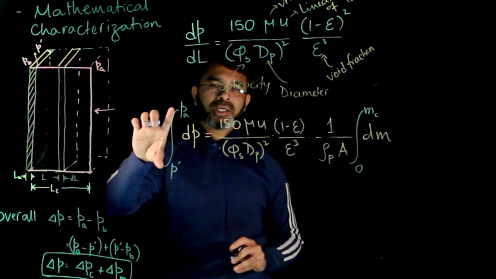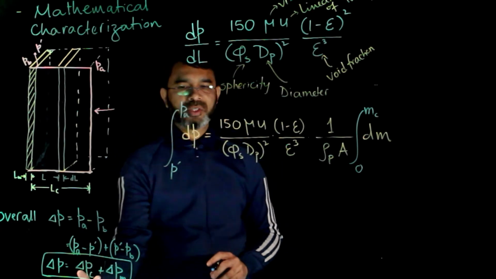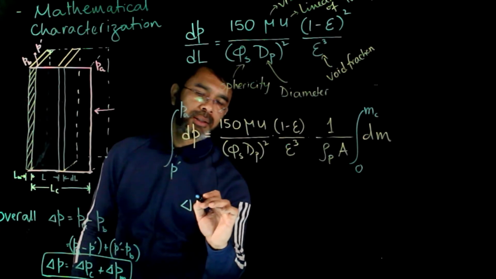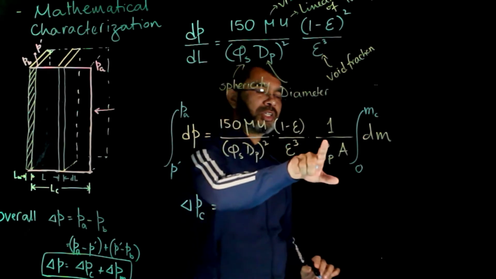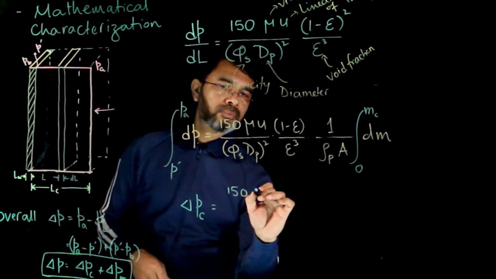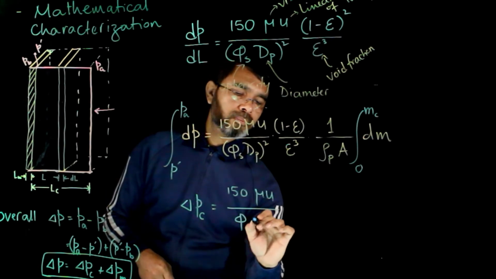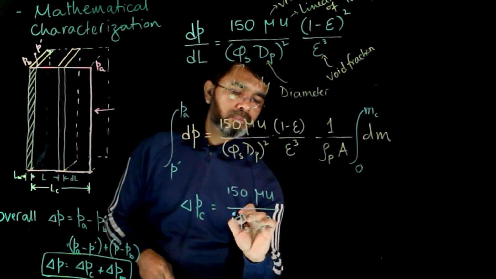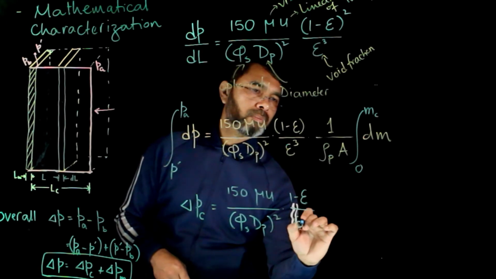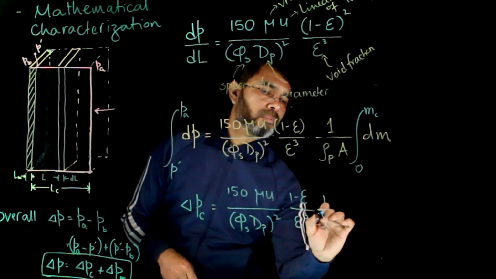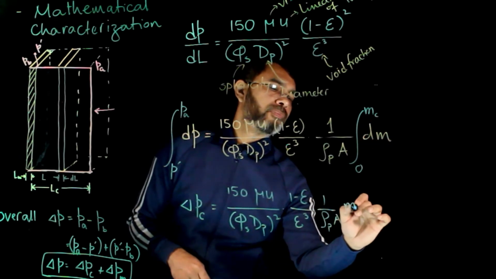Now if we do the integration, on this side you will have Pa minus P prime, which we have denoted by delta Pc, the pressure drop in the cake. We'll have all of these terms here, and we get mc.